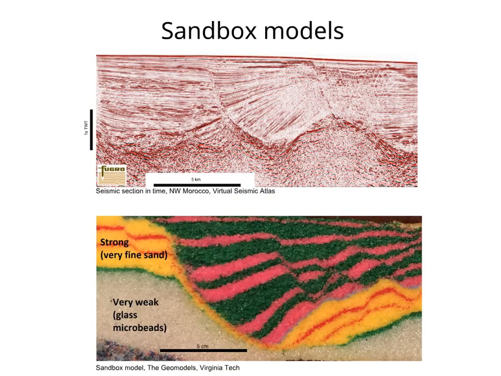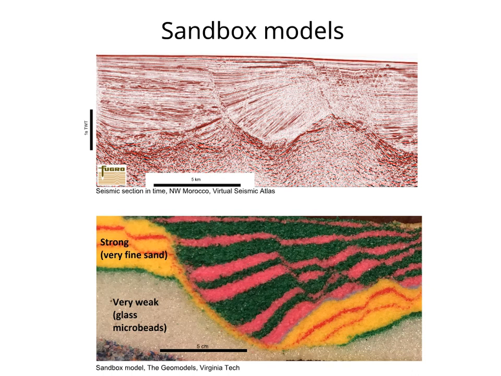This is the reason we can use dry sand in centimeter scale models to simulate kilometer scale rock structures. These scale models are known as sandbox experiments. Here is one example. The upper figure is a seismic section of a kilometer-long structure in offshore Morocco.